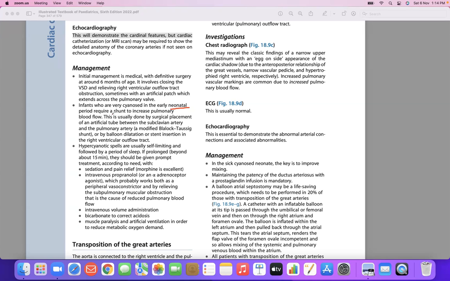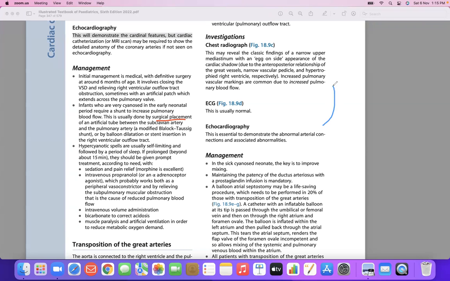So you have to give them a shunt. There comes the modified BT shunt. Okay, that is the lateral thoracotomy scar we see. This is usually done by surgical placement of an artificial tube between the subclavian artery and the pulmonary artery. So let's draw now.